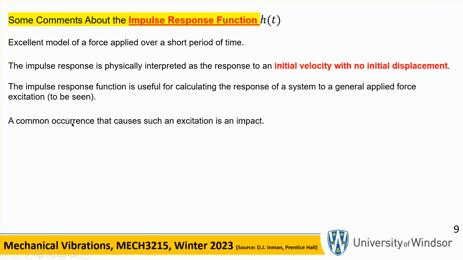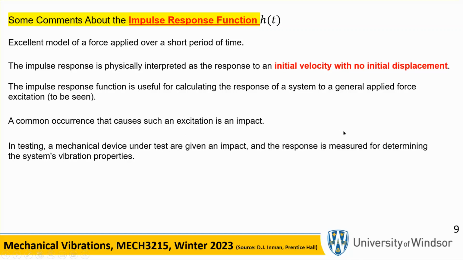This impulse function that we are talking about, this delta t, which leads into h of t, that strip shooting to infinity with area underneath equal to 1, is very common when you are thinking about impact. Hit it with a hammer. That's very close to what we were discussing a minute ago.